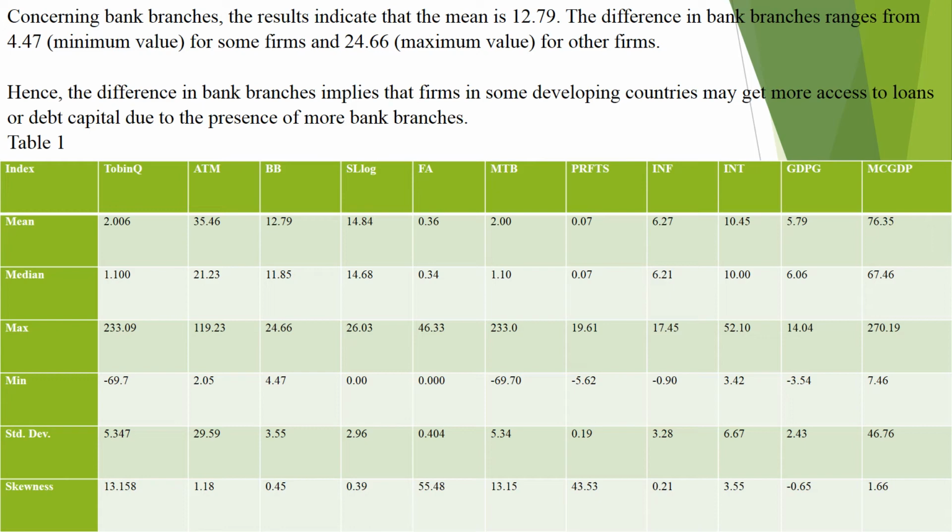It also implies that firms in such developing countries may get more access to loans or debt capital due to the presence of more branches open, which signifies that as customers deposit more money with the more branches available, firms can have access to debt capital, which they will invest in their ventures. So this is the table for the descriptive statistics, which I just explained.